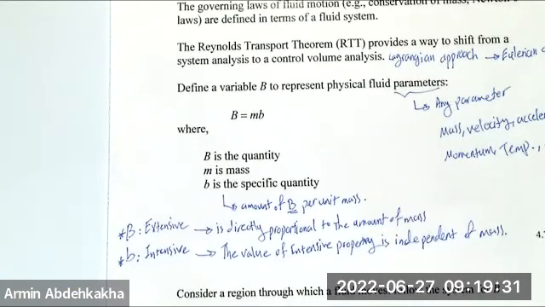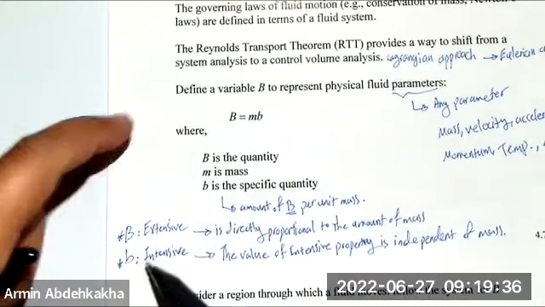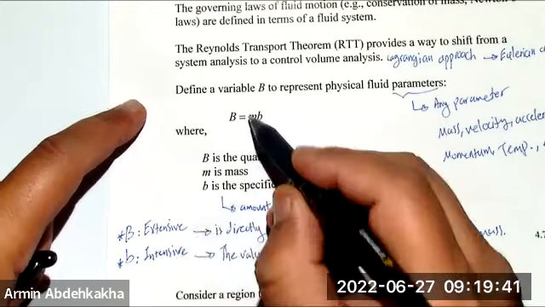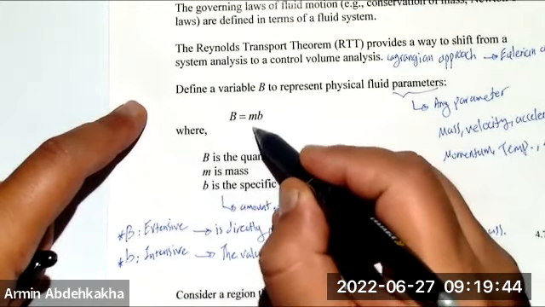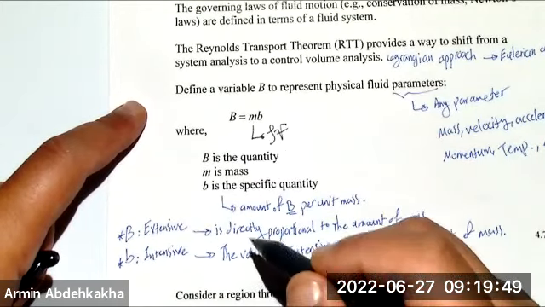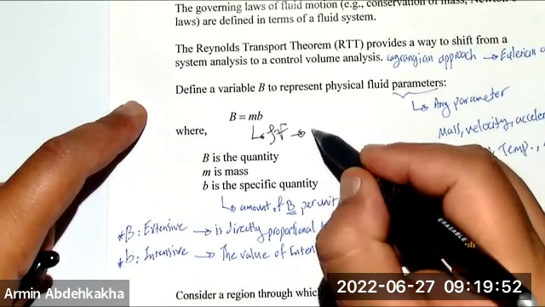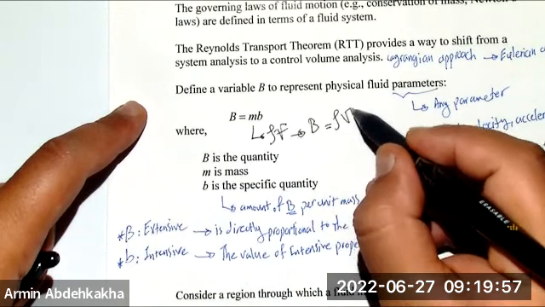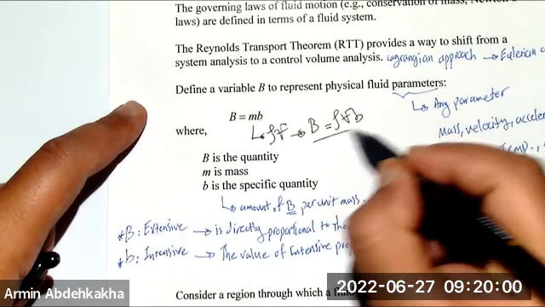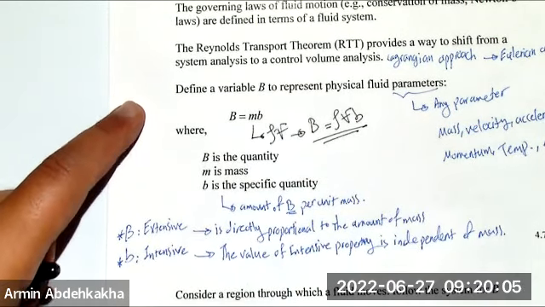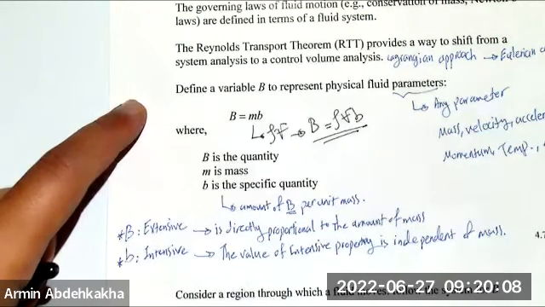So if I consider the relation between these two, capital B and lowercase b, the extensive and intensive property, then if I multiply by m, and m in a fluid is rho times volume, I can write the capital letter B, in extensive form, as rho v b. Okay, but again, in a fluid you're talking about fluid particles, right?